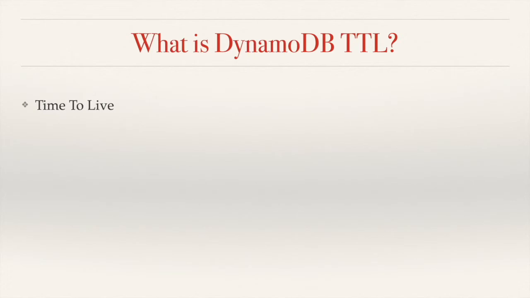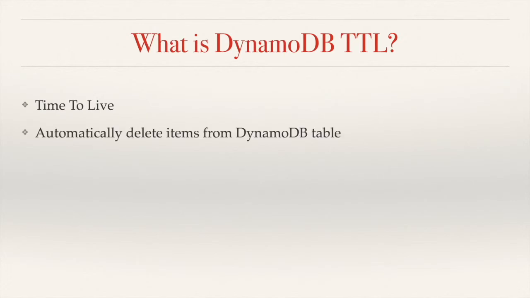So let's start with what is DynamoDB TTL. TTL is nothing but time to live. In case you want to delete some items from your DynamoDB table after some specific time, you can use TTL. It automatically deletes items from your DynamoDB table.